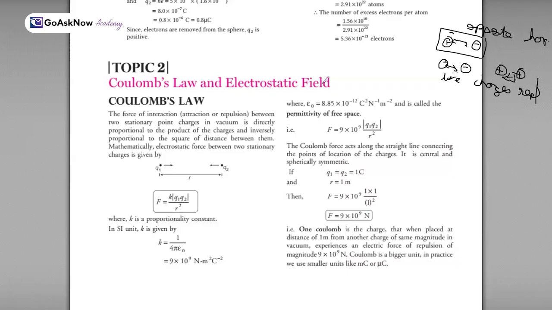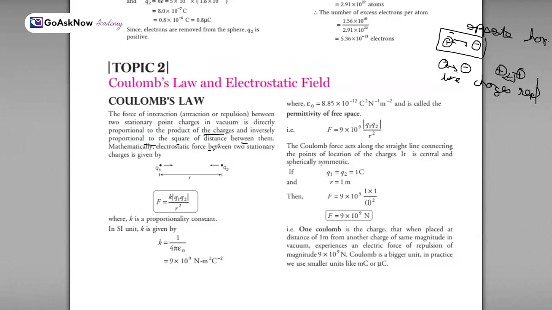the attraction or repulsion force between two stationary point charges, meaning that it is applicable for point charges only, placed in vacuum, meaning there is no air or any medium there, is directly proportional to the product of the charges, and inversely proportional to the square of the distance between them.